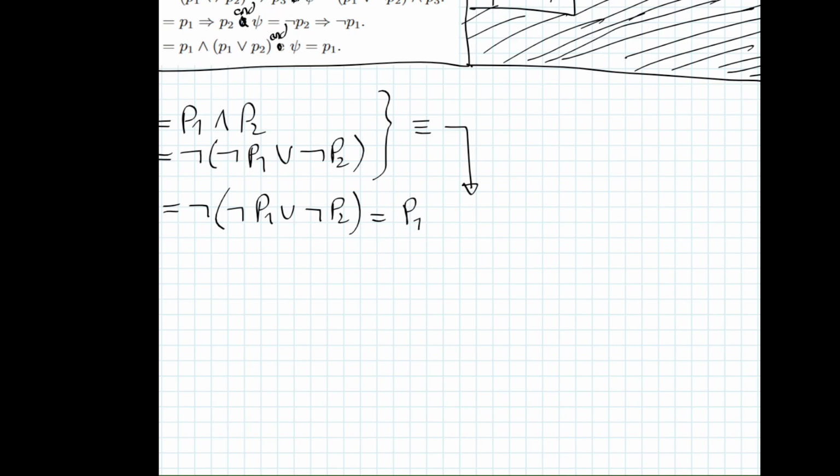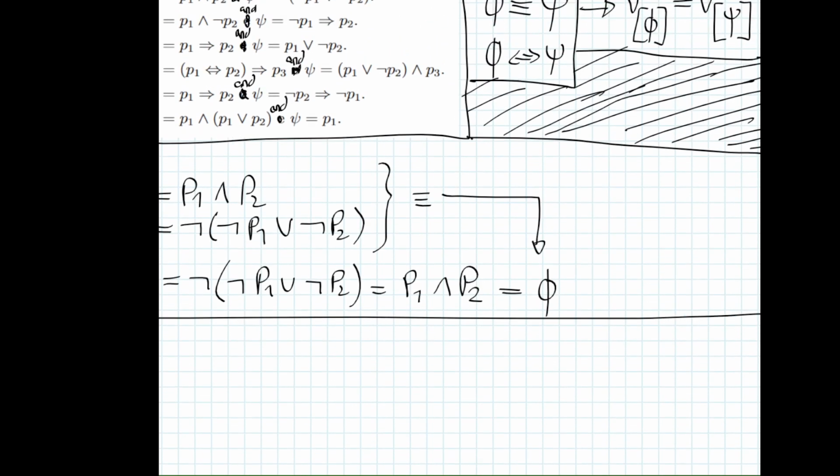And when you negate the disjunction, you obtain the conjunction. Finally, we're negating this term, and this term is being negated, so the negation is nullified, and we get P2. And this is exactly the same as phi. That's done. Okay, so that's the answer, and we can move on to the next question.